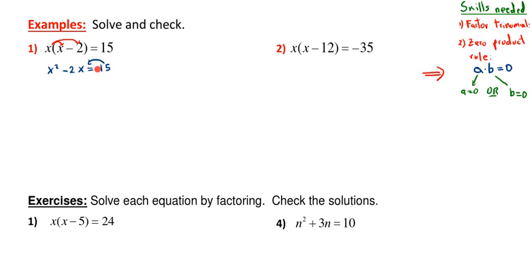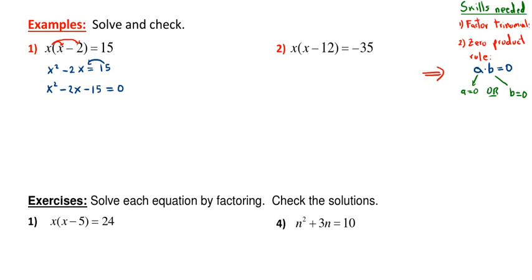Here the 15 is a positive. On the other side, it has to go subtracting. So it's going to be x squared minus 2x minus 15 is equal to 0, because everything was moved to the other side. We have nothing left on the right side, so it is equal to 0.